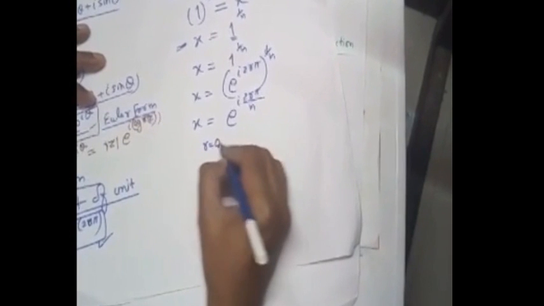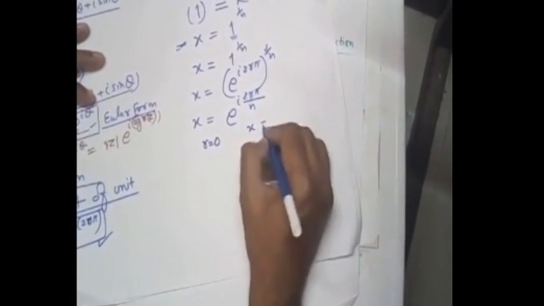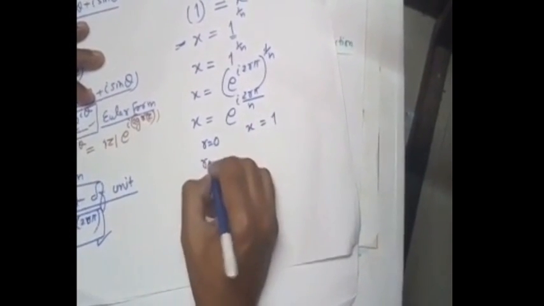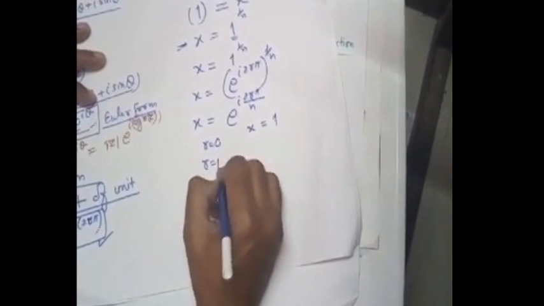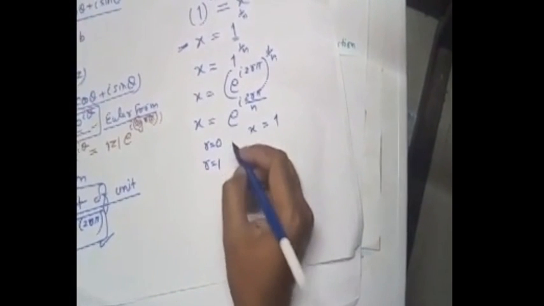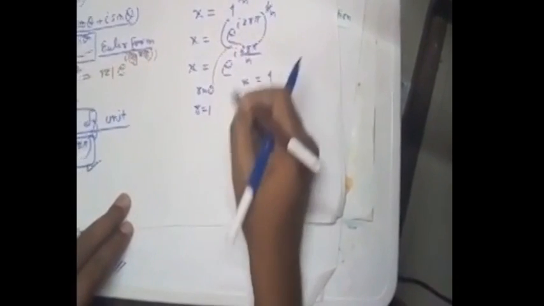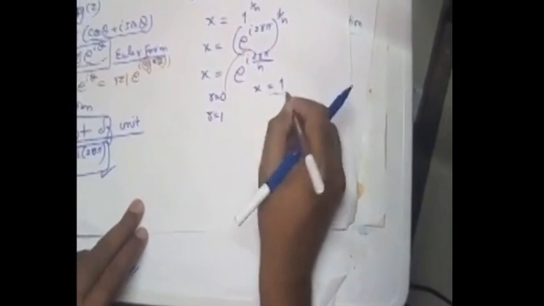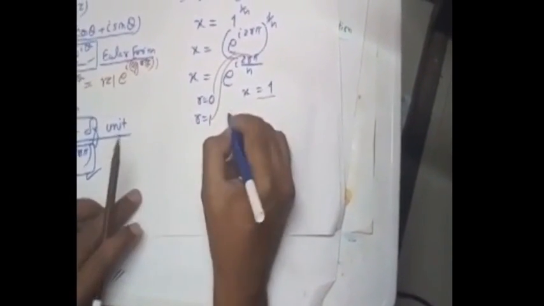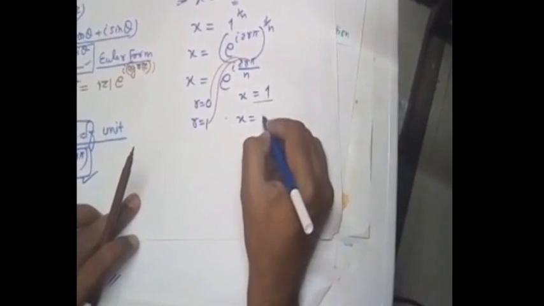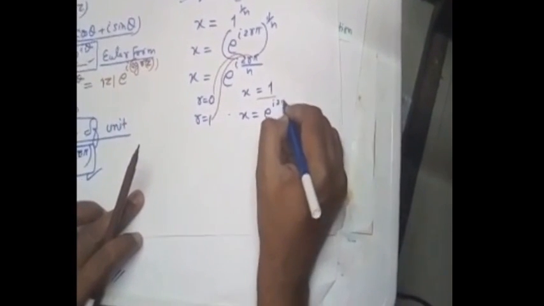When r is equal to 0, then the first root is equal to 1. When r is equal to 1, the answer will be x is equal to e to the power of i 2 pi by n.